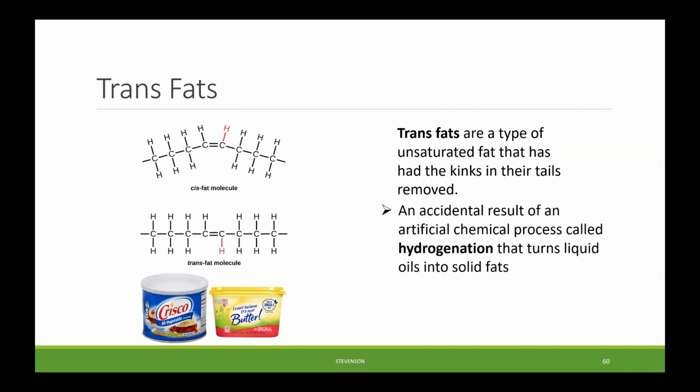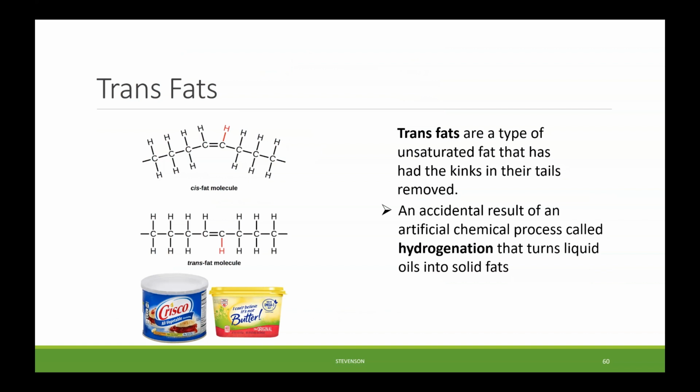Hydrogenation is a chemical process that artificially turns liquid oils into solid fats. So when you see items in the grocery store like Crisco, and it says that it's made with vegetables, or margarine products like I Can't Believe It's Not Butter, these are solid fats that were created from liquid oils through the manufacturing process called hydrogenation.